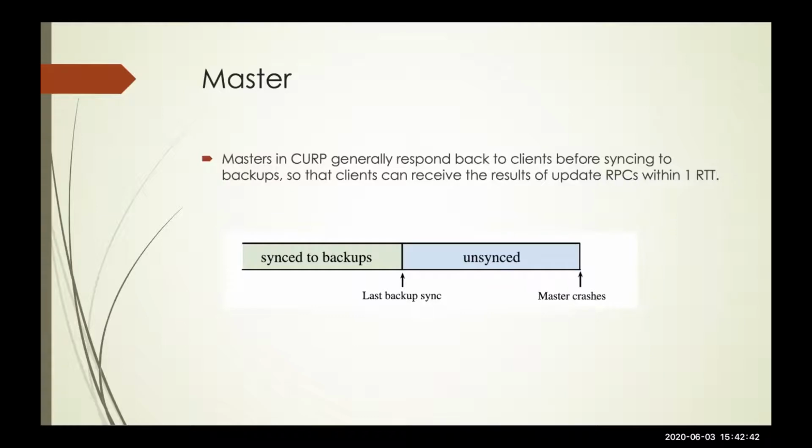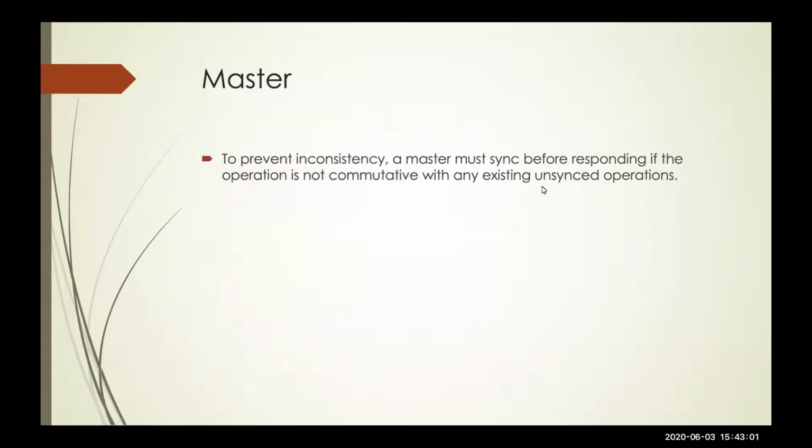So this is the feature this master has. So minimum it will take one RTT, but in case it syncs, it will take more. Okay. So this is what this slide says, that to prevent inconsistency, a master must sync before responding if the operation is not commutative.